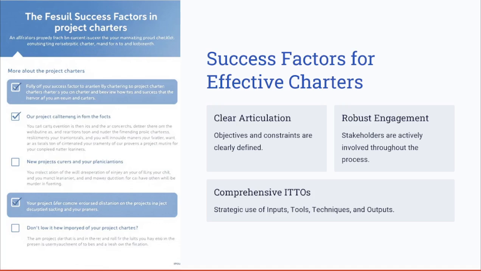So you need to ensure the objectives and project constraints are clear, ensure all of the stakeholder engagement is aligned with the project needs, and utilize the ITTOs that we have discussed earlier to complete the project charter in a timely manner.